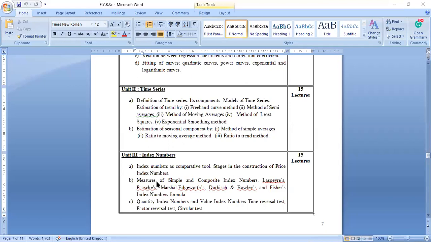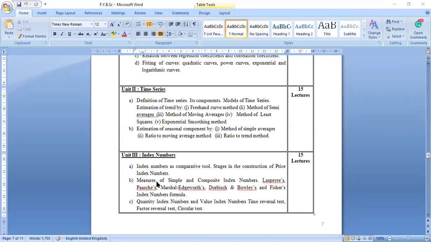For example, the price of a burger in the locality of Ghatkopar and a burger in Churchgate.